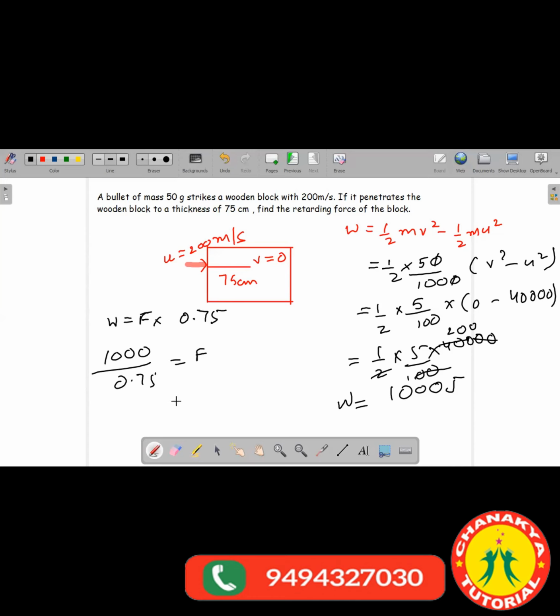As 0.75 is 3 by 4, so it would be 4 by 3 of 1000 is force.